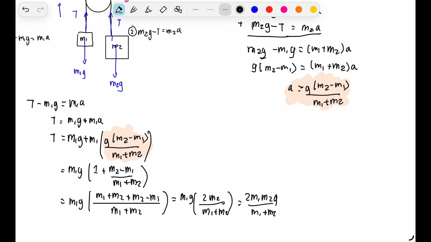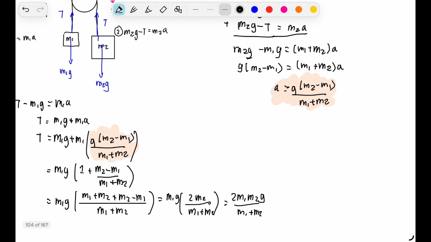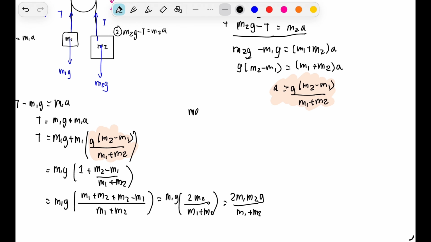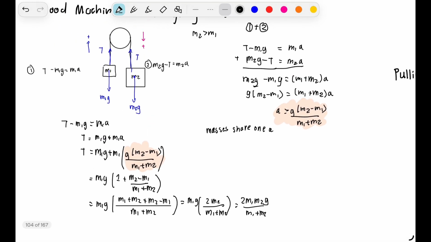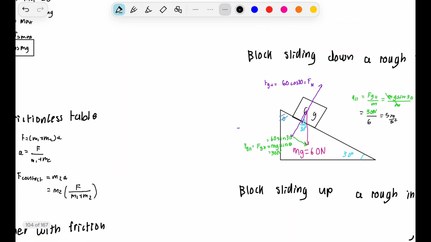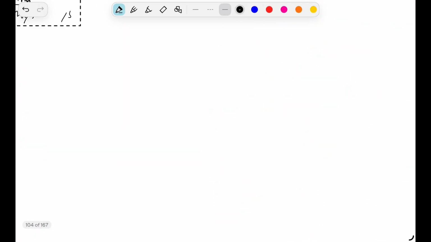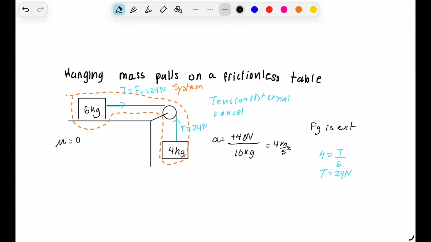So that is your force of tension. So both masses share one acceleration because they have to be moving together. Your heavier side creates that unbalanced net force, which is what causes our acceleration in the first place, because of the unbalanced forces.